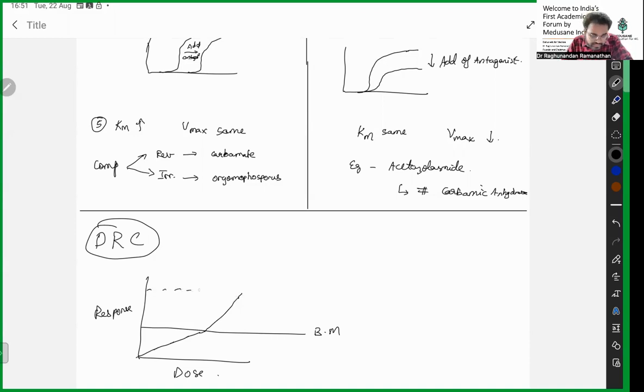After it attains around 80% to 100%, it is going to again change direction. It is going to slowly attain that 100%.